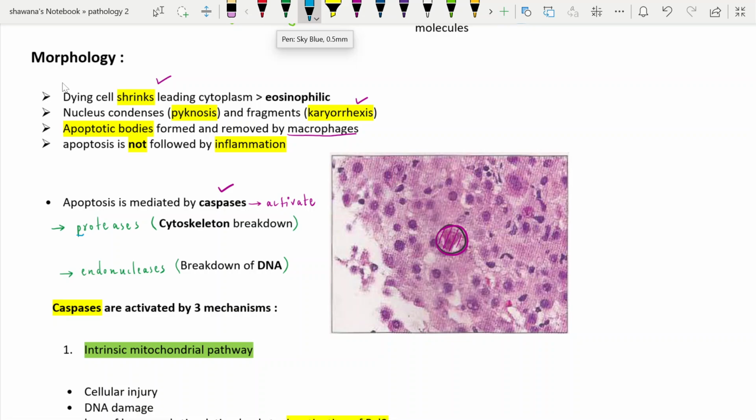Proteases are enzymes that break down proteins. As you all know, our cell cytoskeleton is made up of proteins like tubulins. So these are broken down by proteases, and caspases also activate another enzyme known as endonucleases, and these endonucleases break down our DNA and RNA. So these caspases activate further enzymes that break down the cells, and eventually apoptosis occurs.